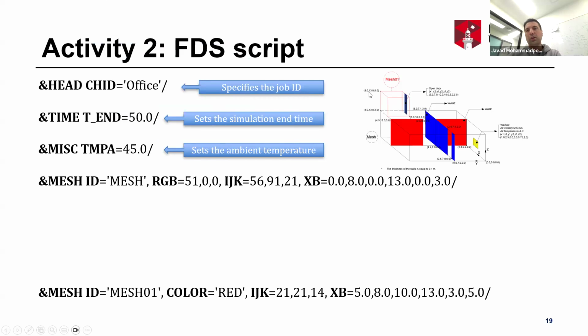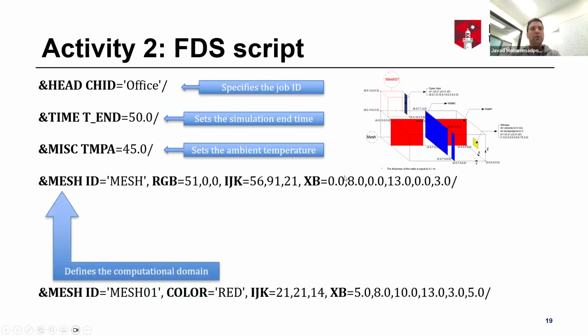You can look at the figure. The next line in your script is the MESH ID. If you remember, I told you I consider the downstairs as a mesh and the upstairs as mesh O1. You can consider different names, it's your choice. For example, you can name them mesh O1, mesh O2, anything that you like, but you need to name it.